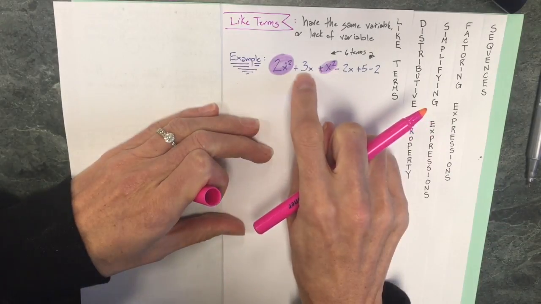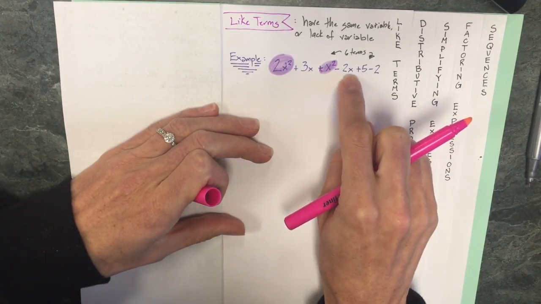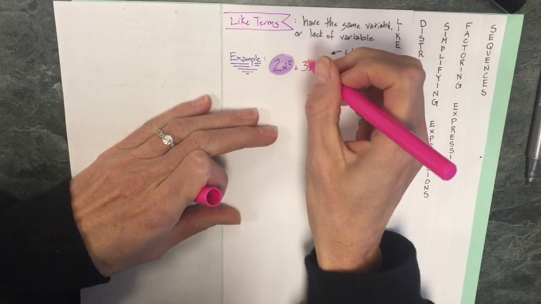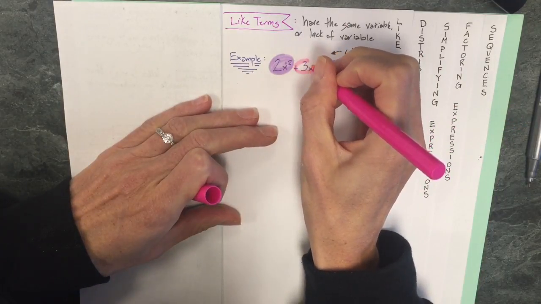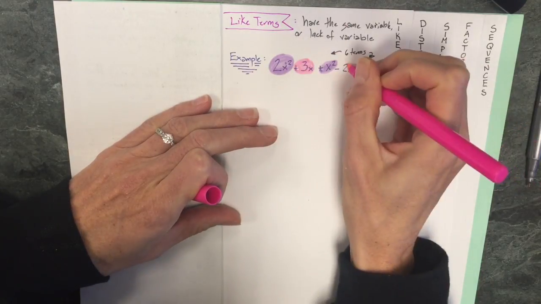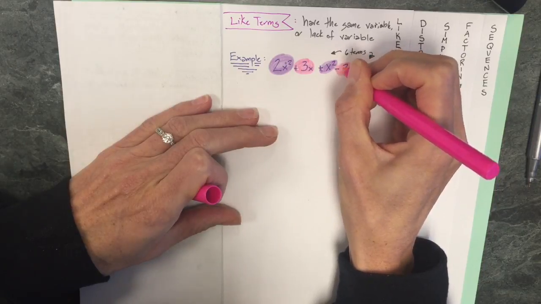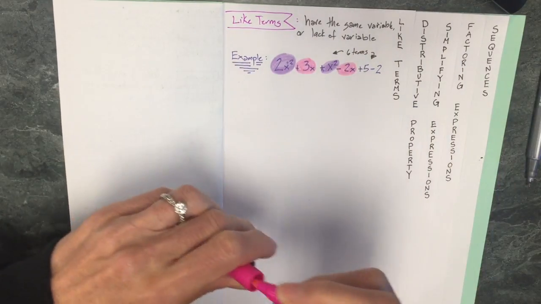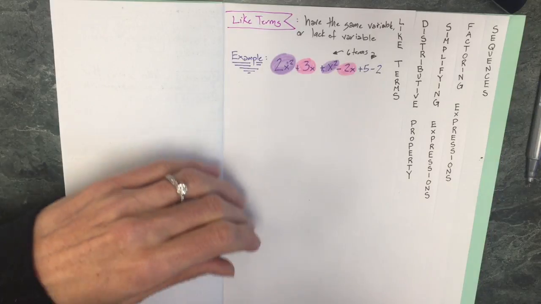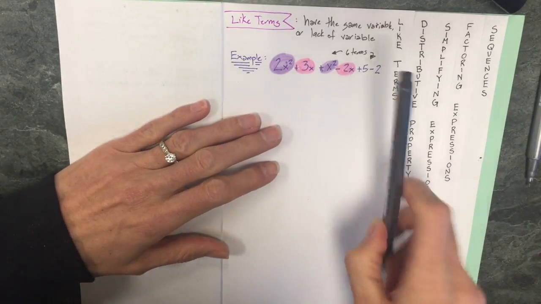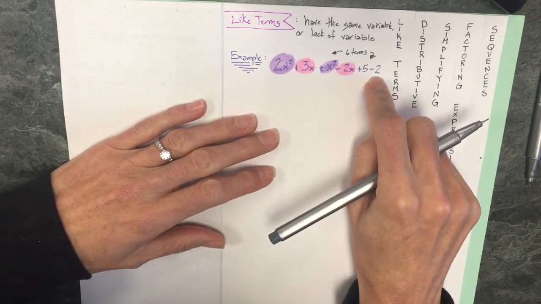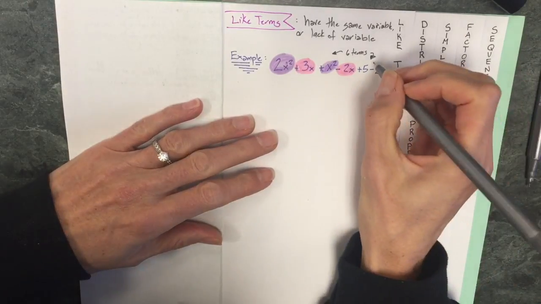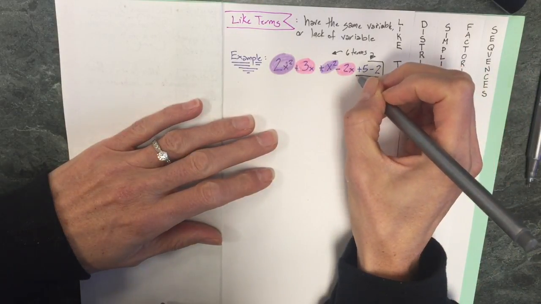And then over here we just have 3x and minus 2x. So these are like terms. Positive 3x's, and if we took away 2 x's, we would just have 1 x left. And then over here, where these 2 numbers don't have a variable, lack of variable, these are our constants, and we can just combine those.